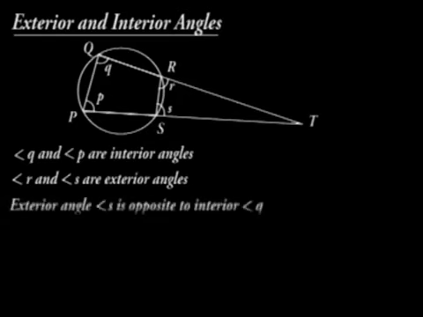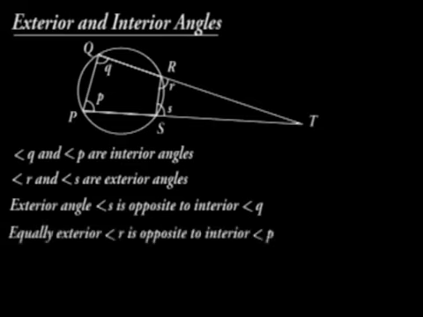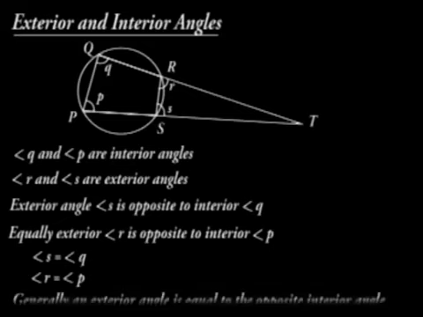Exterior angle S is opposite to interior angle Q. Equally, exterior angle R is opposite to interior angle P. Angle S is equal to angle Q and angle R is equal to angle P. Generally, an exterior angle is equal to the opposite interior angle.